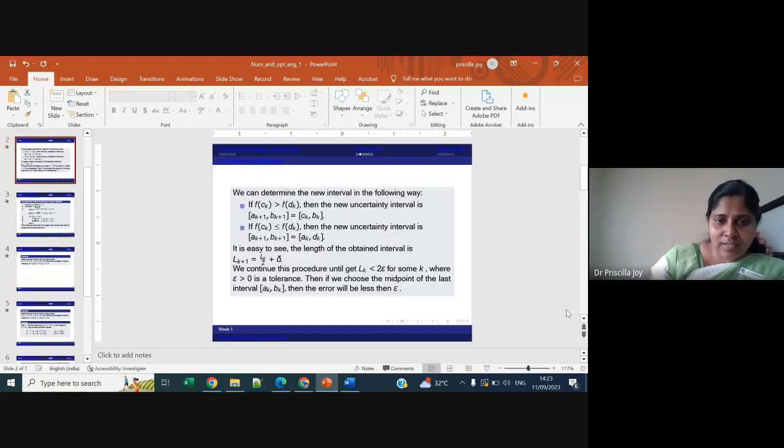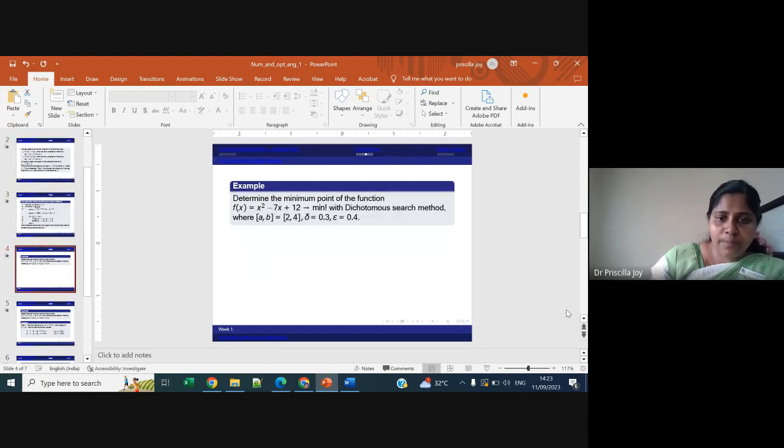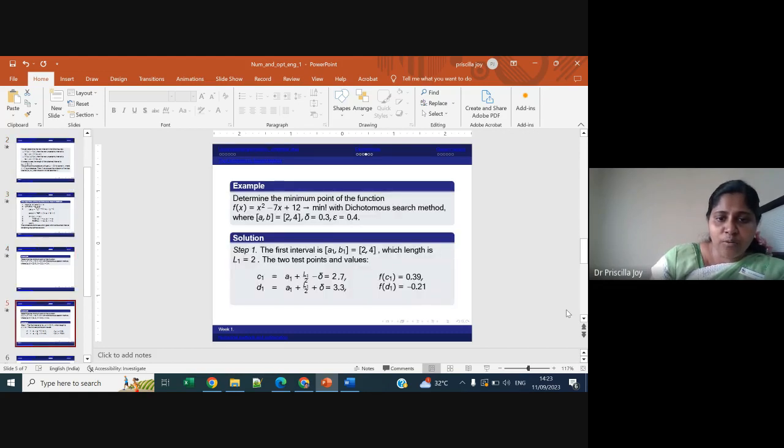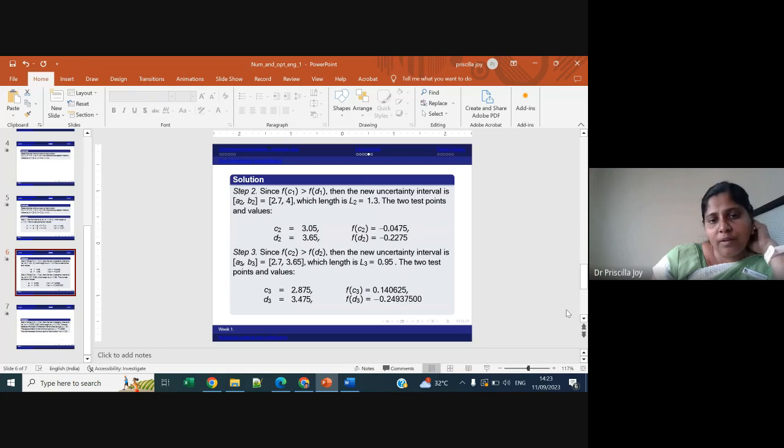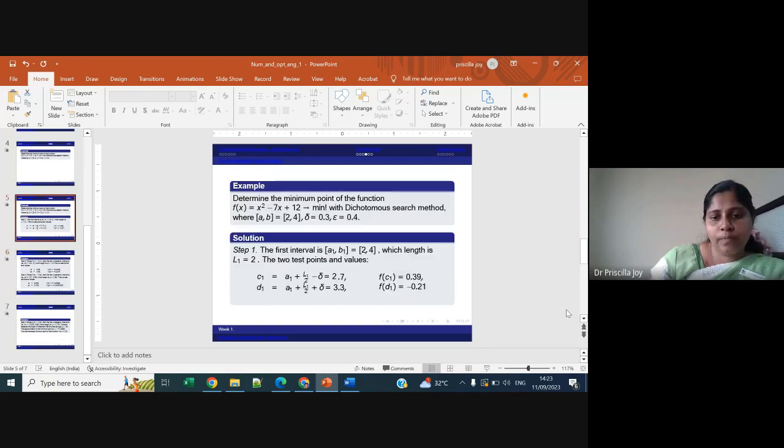So if it is greater, then Ck comma Bk will be the interval. So the C1 value comma the Bk value. The Bk value was 4. The Ck value was 0.39. So we will be taking it as such.